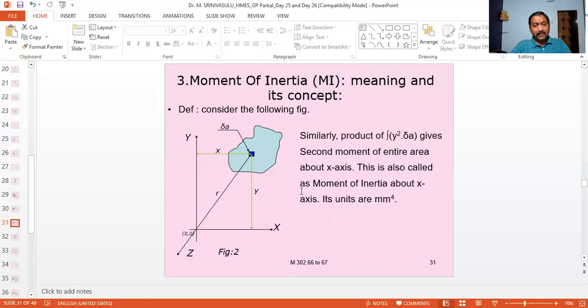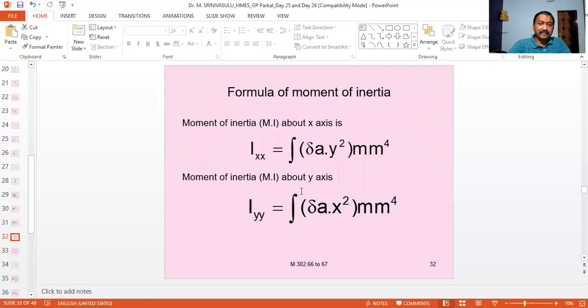So the moment of inertia of the given area about the x-axis is equal to the integration of y square into dA, where y is the distance of the area from the x-axis.